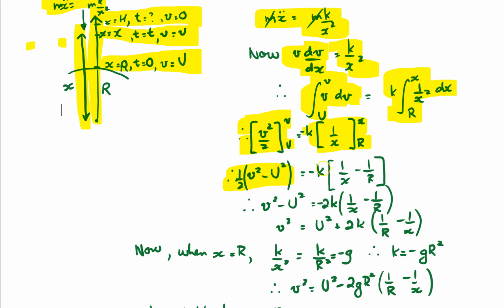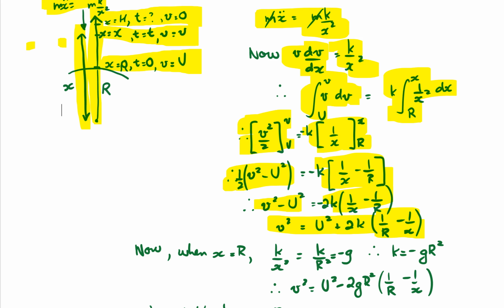Plug in my limits, multiply through by 2. Then account for these negatives here by rearranging what's in the brackets. Shift the u squared over to the other side, and I get an equation for the velocity at any height as a function of the initial velocity and the displacement.